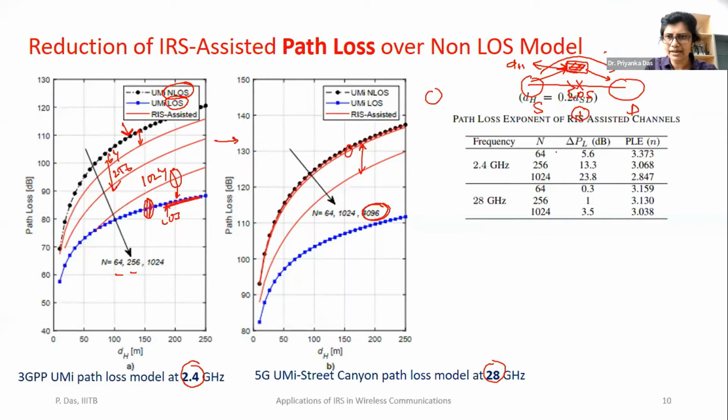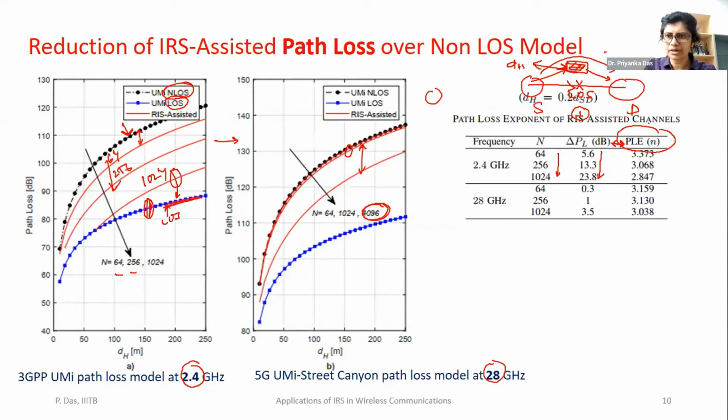You can see as IRS elements increase, the delta PL increases. And communication engineers are very smart. They can compute the path loss exponent from the formula PL equal to PL(d0) plus 10 eta log(d/d0).